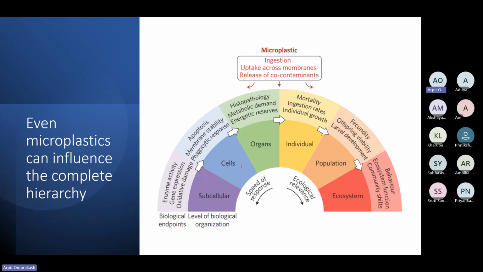However, if you go to the other side, the ecological relevance of the response is quite bigger. So generally, microplastics, by ingestion or by uptake across membranes, like absorption, and by releasing of contaminants, affect different parts of an organism or different organisms.